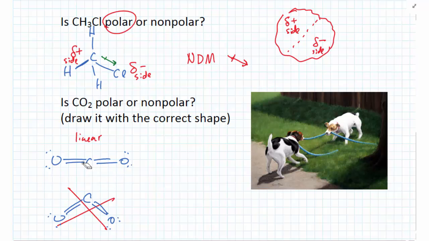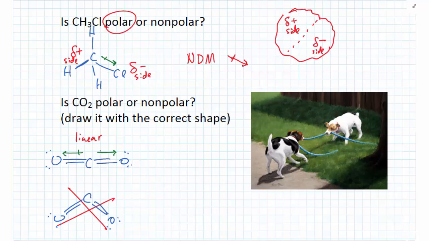How would the arrows be drawn in this one? Look back at a periodic table if you need to. We're comparing C and O. Which one pulls stronger? O pulls stronger. Okay? So, arrow like that.